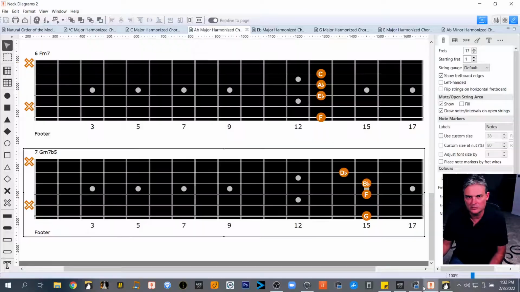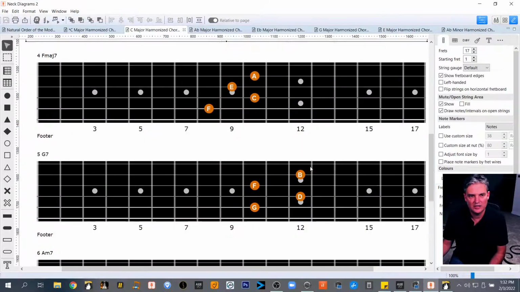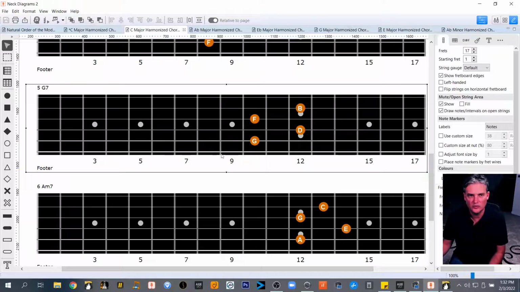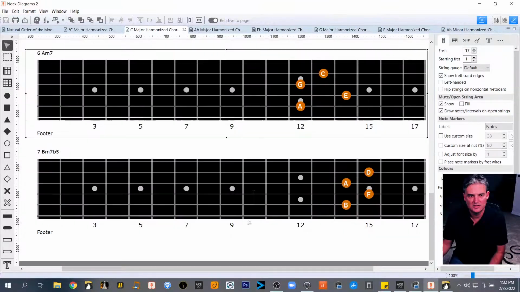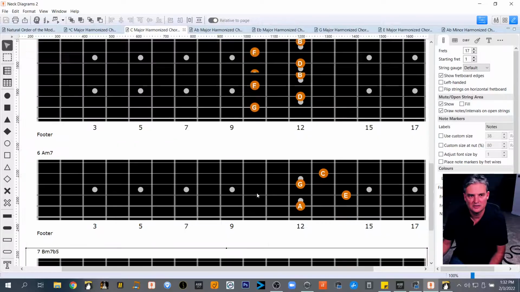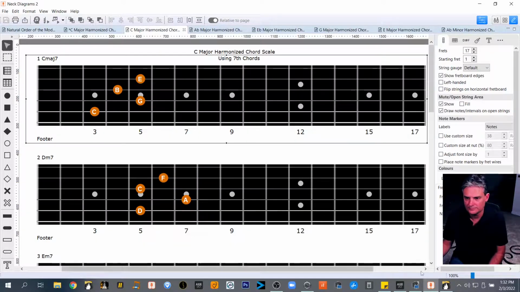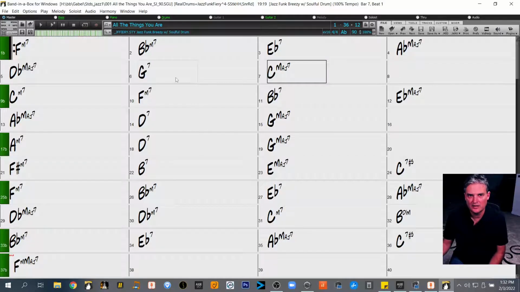If we go back to C major and we find there's G7, and look at this, if we move 4, 1, 2, 3, 4, C major. So we have a 5 to 1 in the key of C.